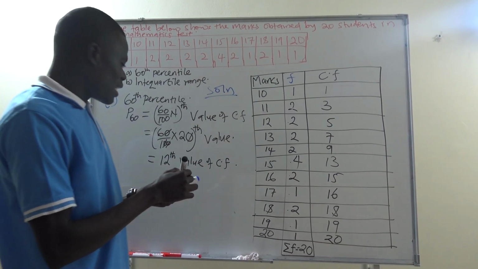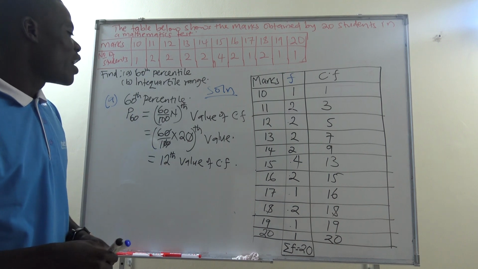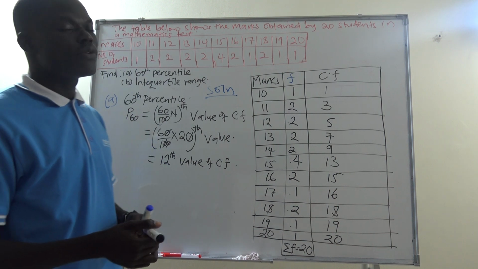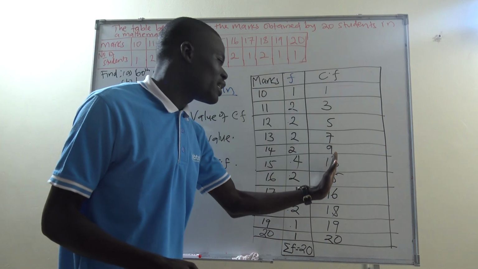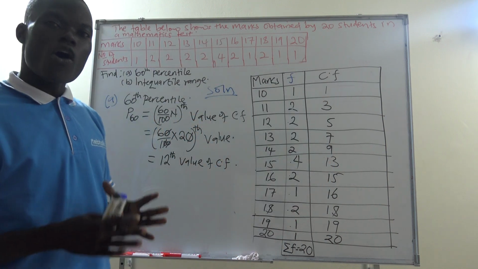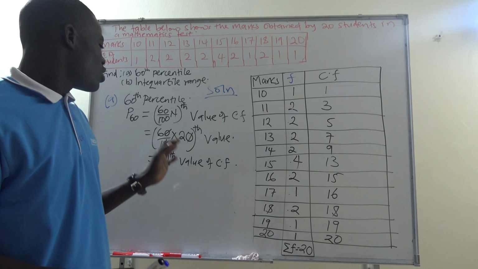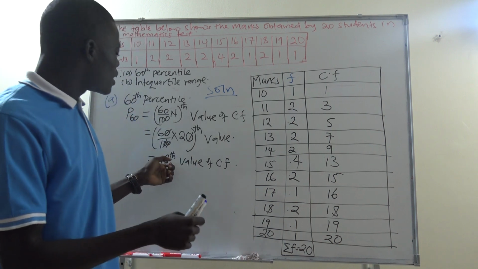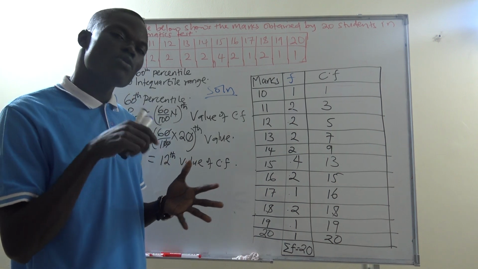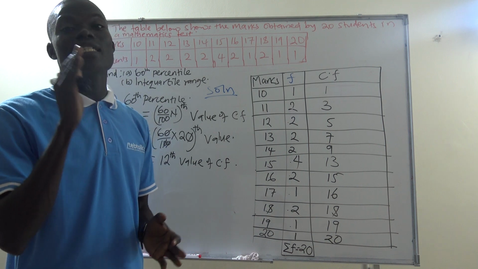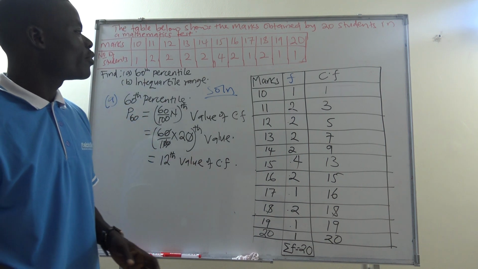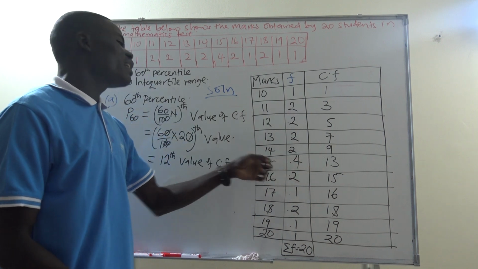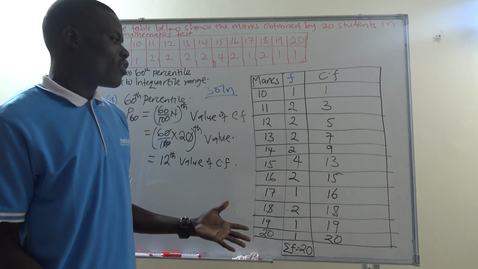And then we say that after obtaining this one, to get the value corresponding to the 12th value, you come on your cumulative frequency and check for the value where the cumulative frequency will go into it and it has no remainder. If you get that value, then straight you will come and read that variable. Okay?